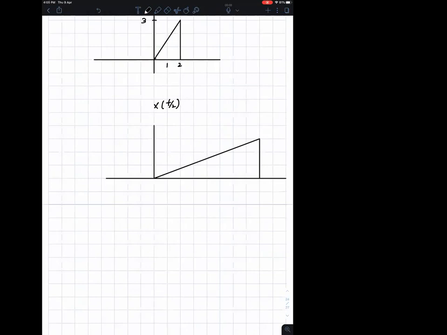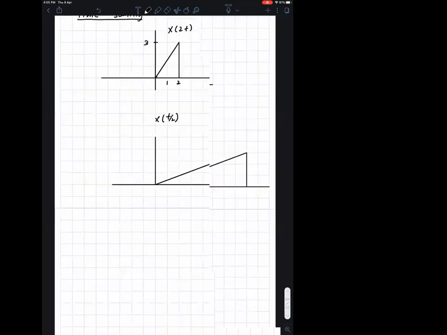Then what do we have? We also have time shifting.